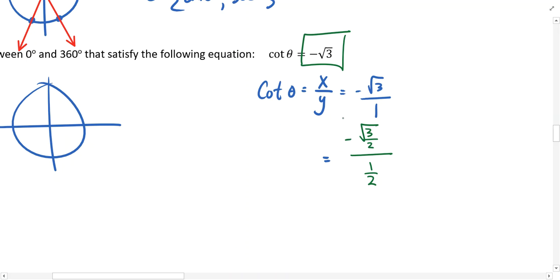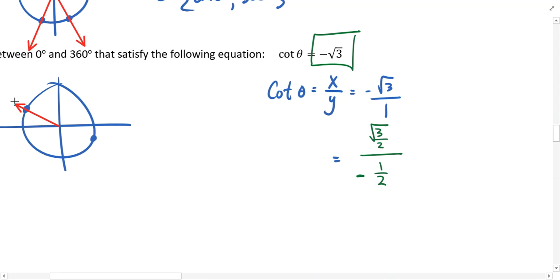So where in the unit circle do we have an x value that's negative radical 3 over 2 while the y value is 1/2? Well, that occurs right here. We should also note that if I had a negative sign in the denominator of the fraction instead of the numerator, we could have a positive x value of radical 3 over 2 with a negative y value of 1/2, and that would be the position right here.